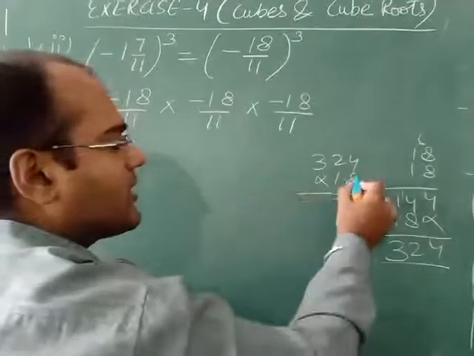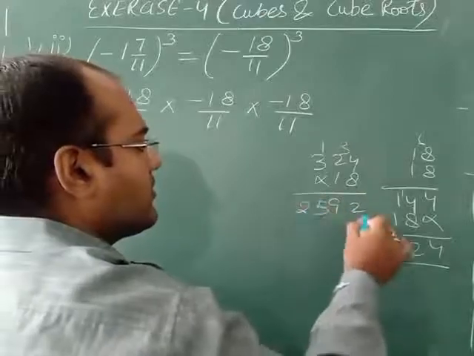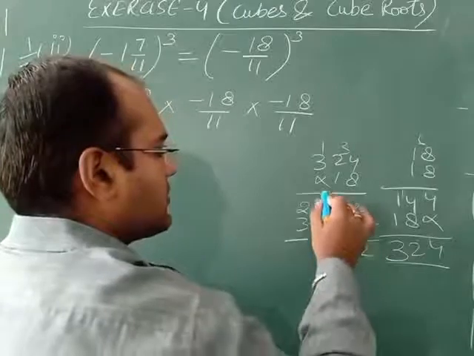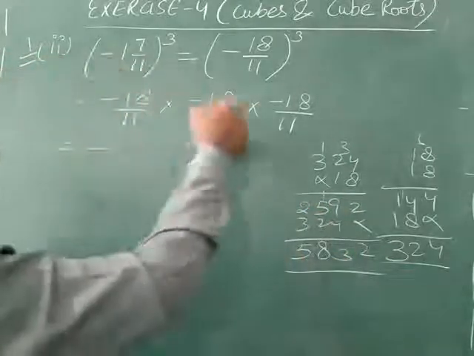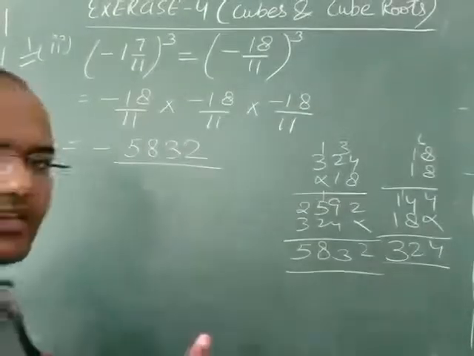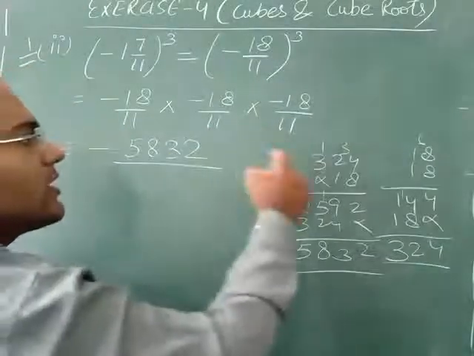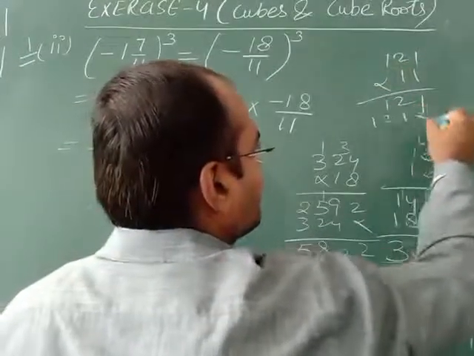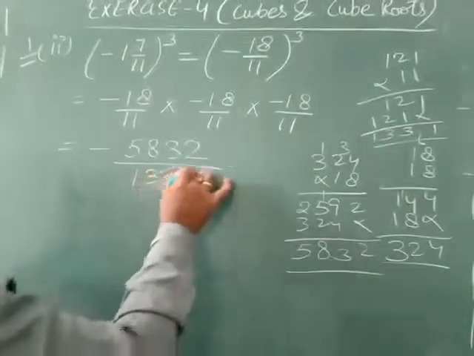On multiplying we will get 18 3 times, 5832 upon, in the same way we have to multiply 11 3 times. 11 ja 121. 121 into 11 we will do, answer will be 1331.